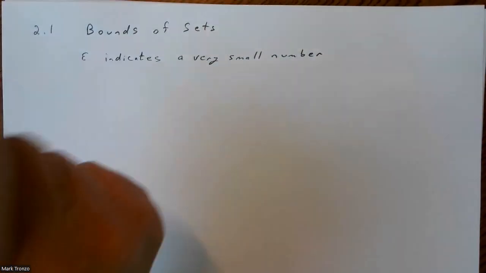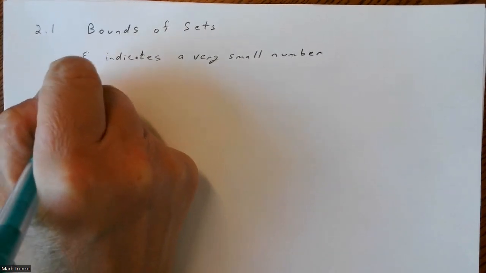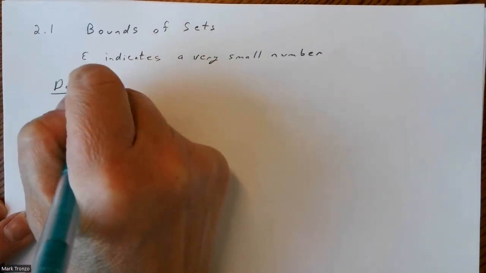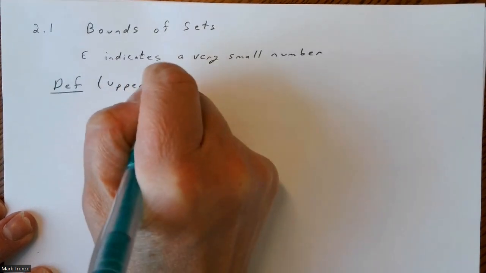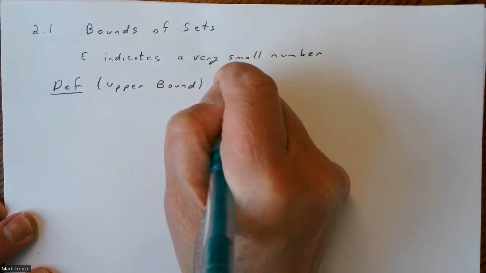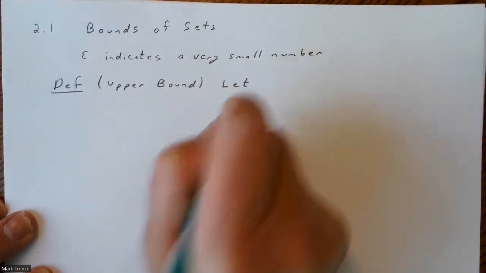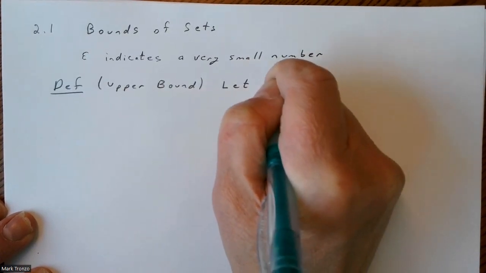And let me start with some definitions, and we'll start with the definition of an upper bound. Let E be a set of real numbers.